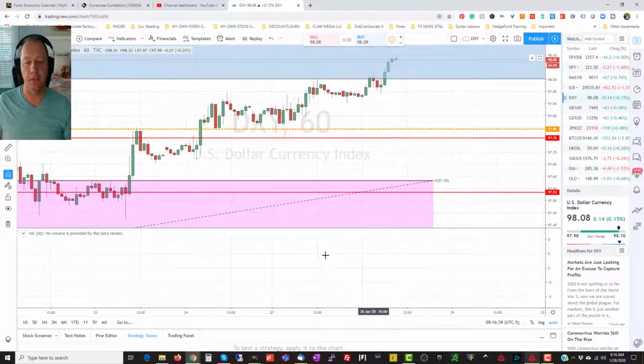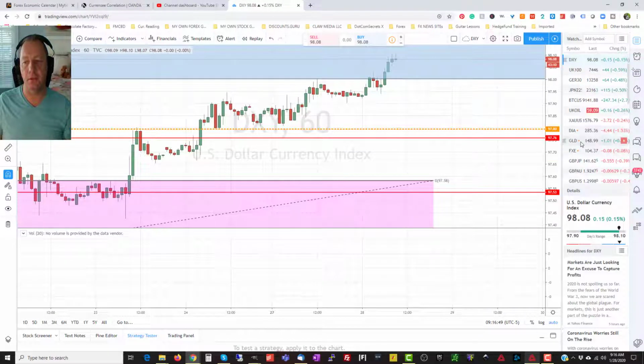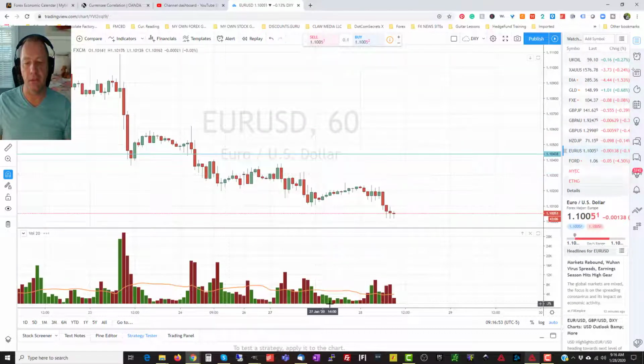And we can already see signs. Unfortunately, on TradingView, you can't get the dollar volume. You can't get volume on the dollar. So for the volume, you have to actually pop open something else, like Euro USD, then you can see the volume. And we can see here big volume and wick.